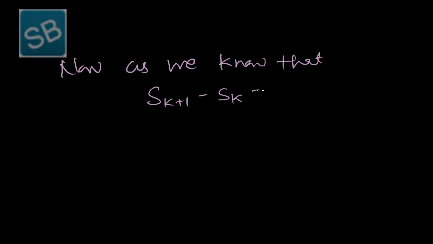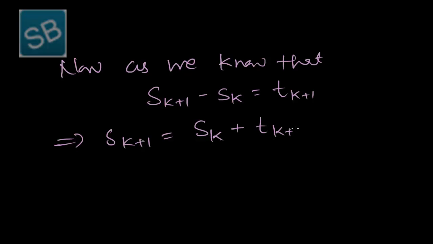Now, as we know that Sn minus S of n minus 1 is equal to An, therefore S of k plus 1 minus Sk is equal to tk plus 1 term. Therefore, S of k plus 1 is equal to S of k, sum of k terms, plus tk plus 1 term.